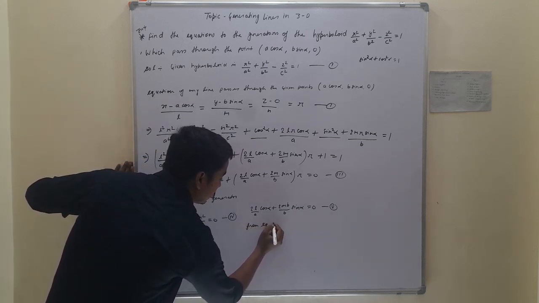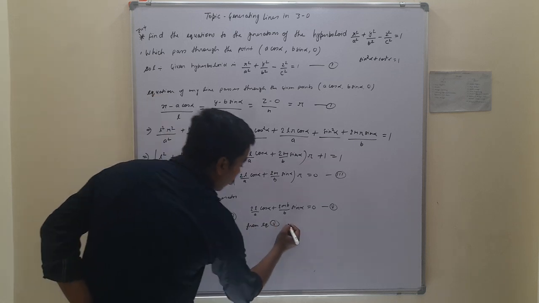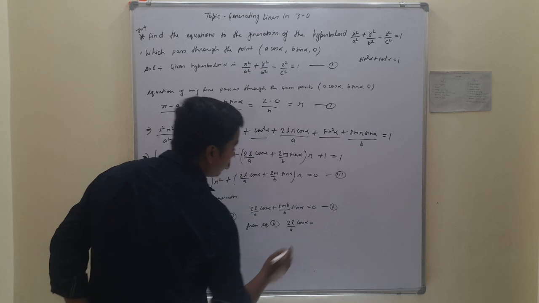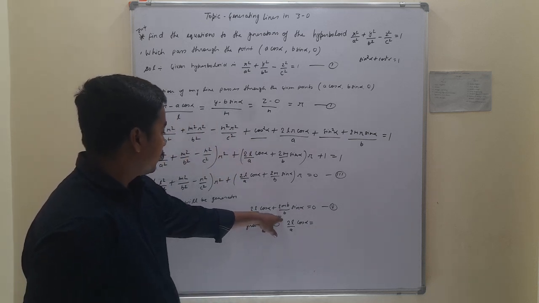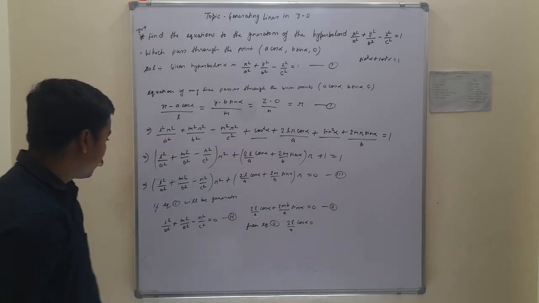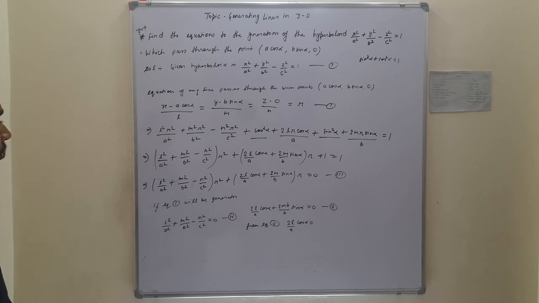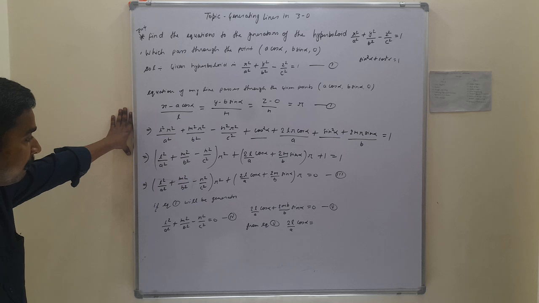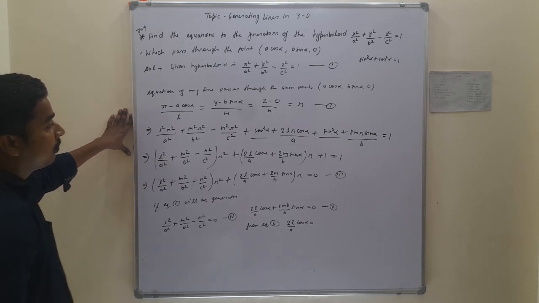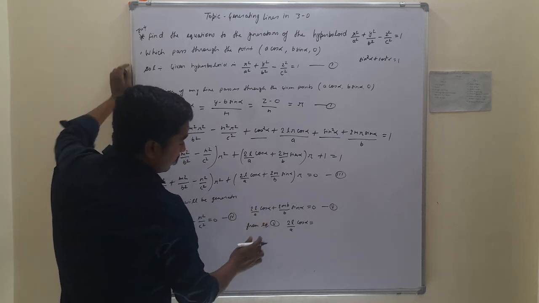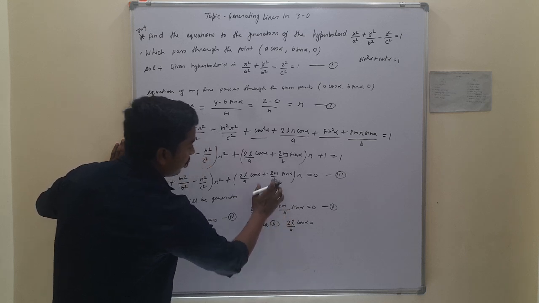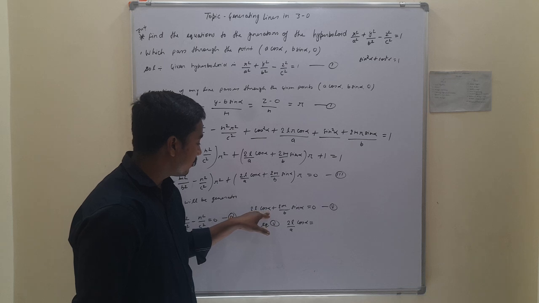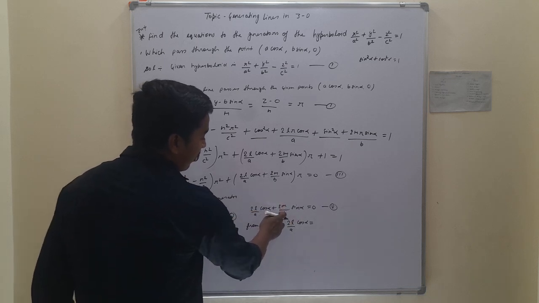From equation fifth we can take 2l upon a cos alpha is equal to 2m upon b sin alpha.